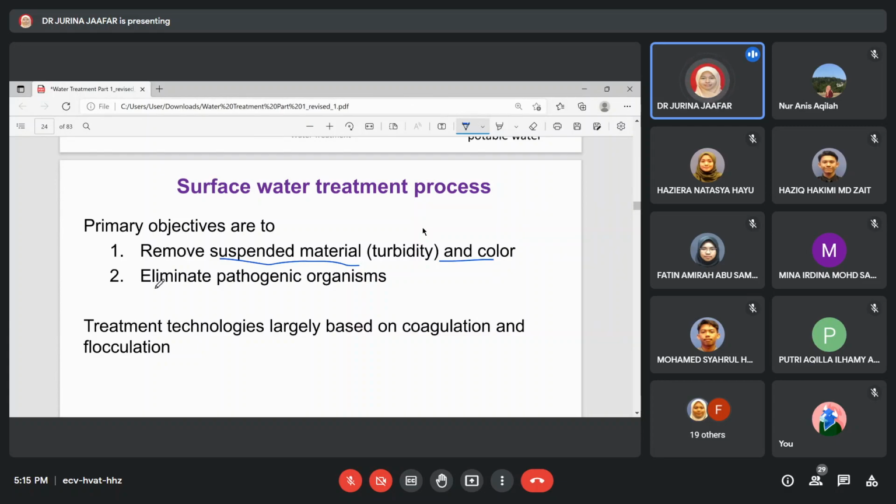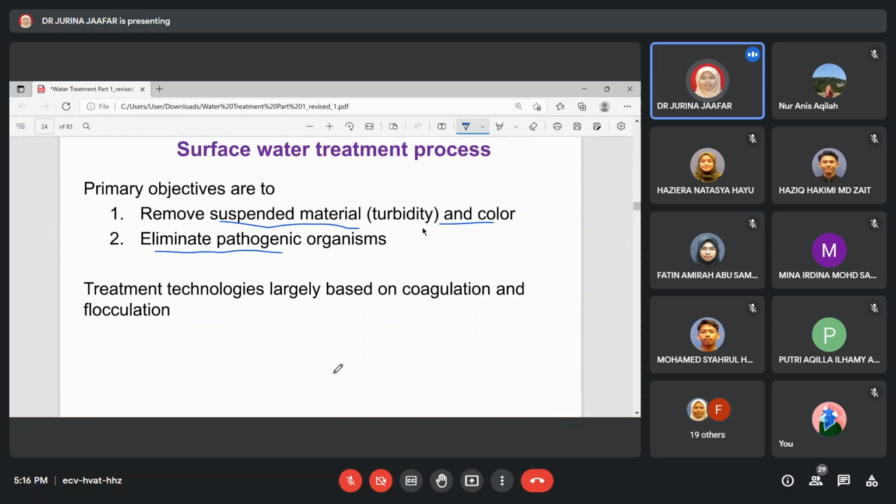And number 2 is to make sure that the water is safe to drink, whereby we will eliminate the pathogenic organisms so that it is safe to consume. So these two are the main purposes of the process, so that the water is clean and colorless and safe to drink and to use.